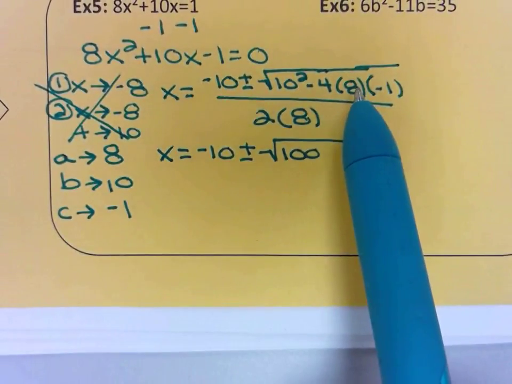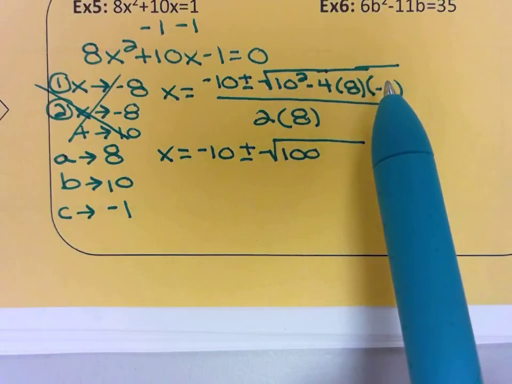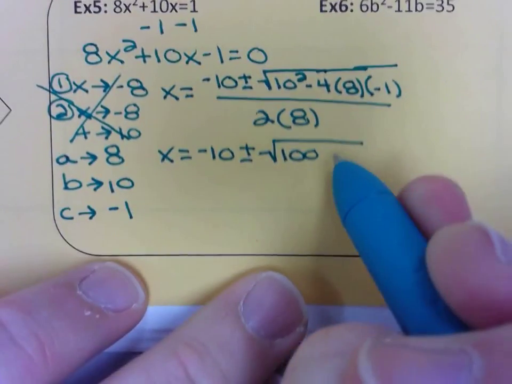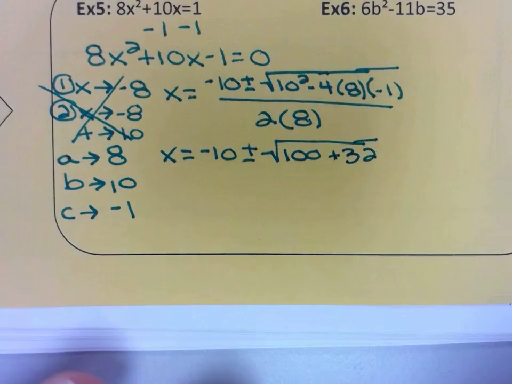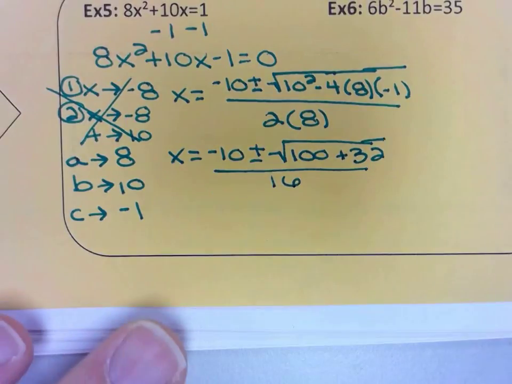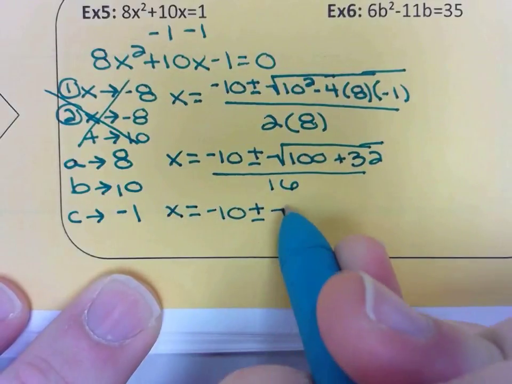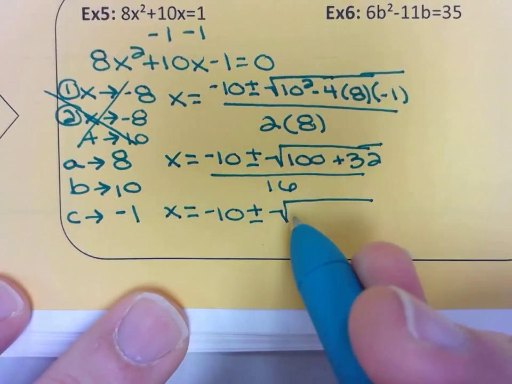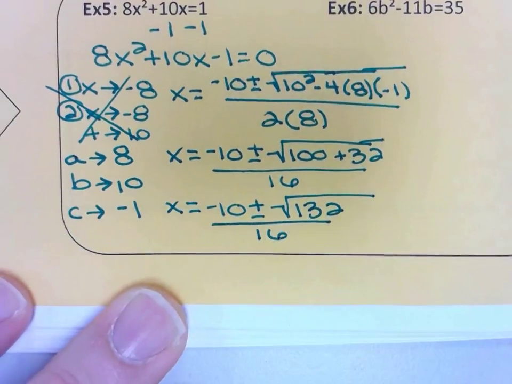Negative 4 times 8 is a what? Times a negative 1. Positive 32. So this is a positive 32. All over what? 16. And then go ahead, negative 10 plus or minus, what's 100 plus 32? 132. Is 132 a perfect square?